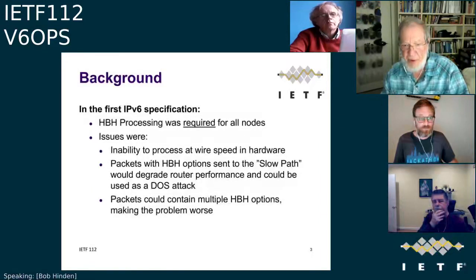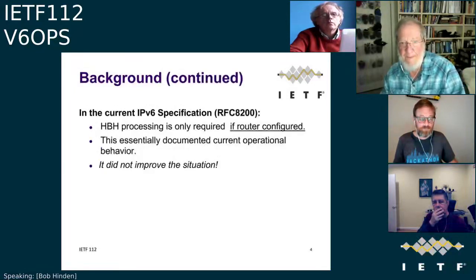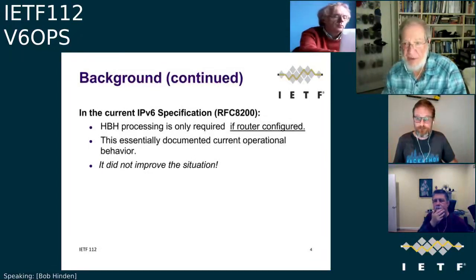And I think this was also covered pretty well in the previous talks. RFC 8200 defined what we believe to be current practice: when 8200 was done, they weren't getting processed in all routers.